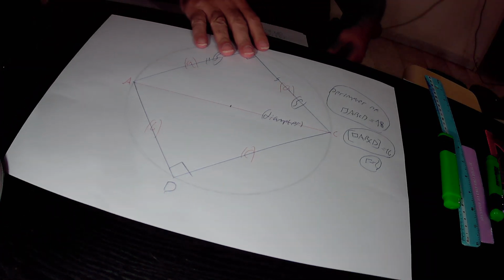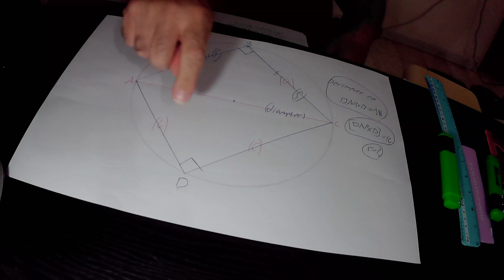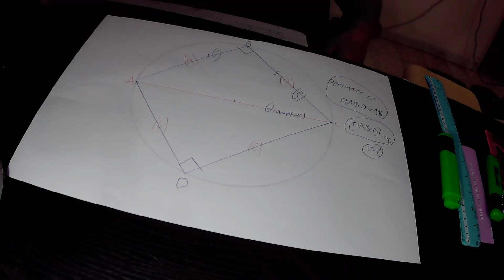In this first question, our task is to find the radius of this circle. So in the drawing we have quadrangle ABCD that is inscribed in this circle. We know that AC is the diameter of this circle. We know that side AB of quadrangle ABCD equals side BC.